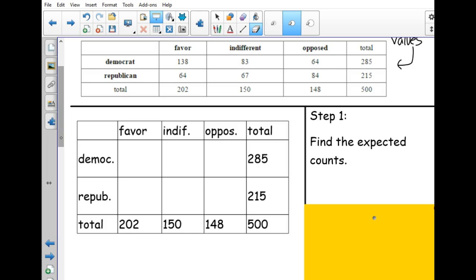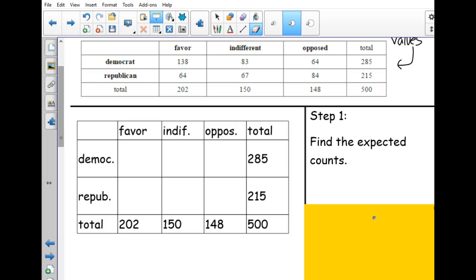For goodness of fit, we had two formulas for expected counts. We had n times p, it's over here on the board, where n was your total sample and p was the percentage that was given. And you had to change that to a decimal. When it was evenly distributed, we took the sample size and divided by the number of categories.